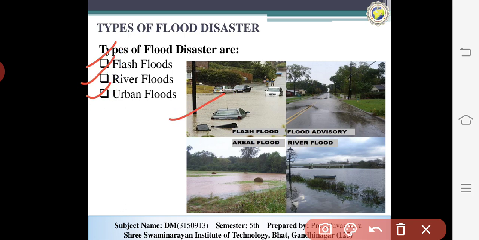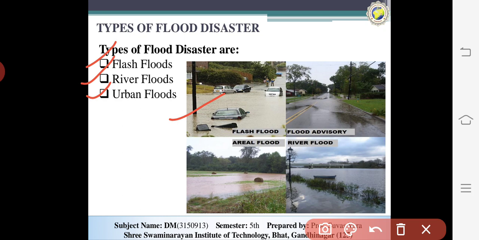Flash floods occur within 6 hours, mainly due to heavy rainfall associated with thunderstorms and cloudbursts, then tropical cyclones, the passage of cold fronts, dam failure, and also river obstructions. These types of floods require rapid, localized warning systems. So this one is the flash flood.